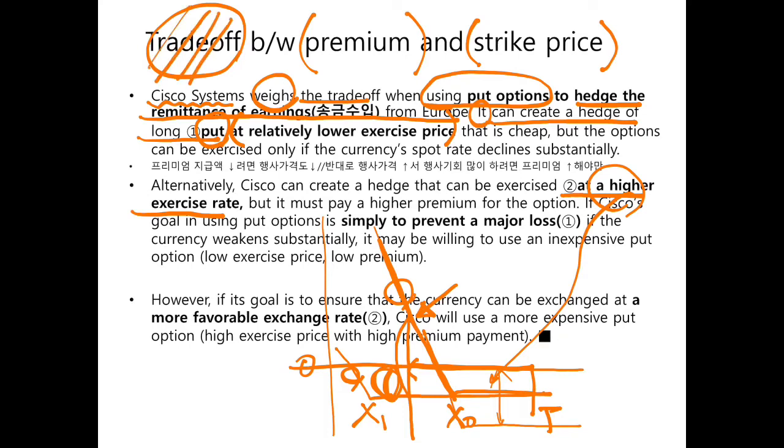So paying a higher premium, in return I have a larger area for exercising the put option. That's better, but the trade-off is that I have to pay a higher premium. That's the concern here. So here you can create the hedge of a long put at a relatively lower exercise price, at a cheaper premium.